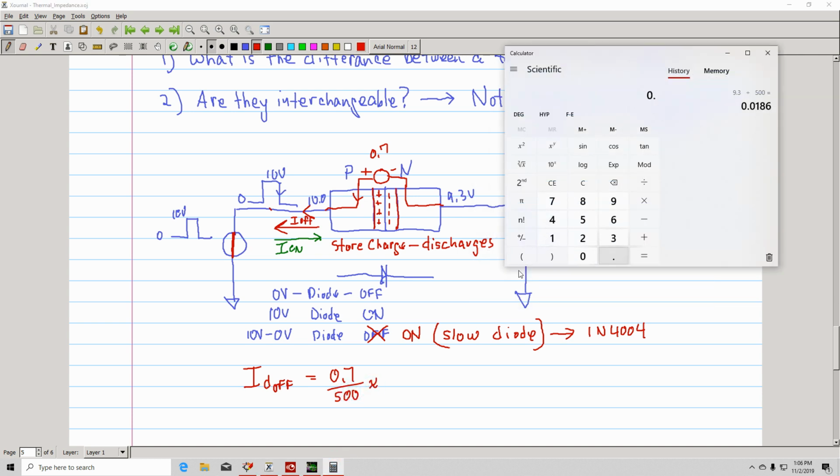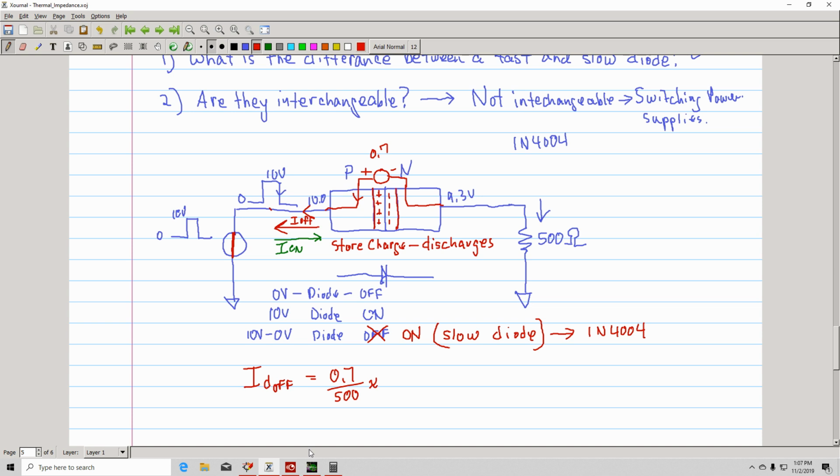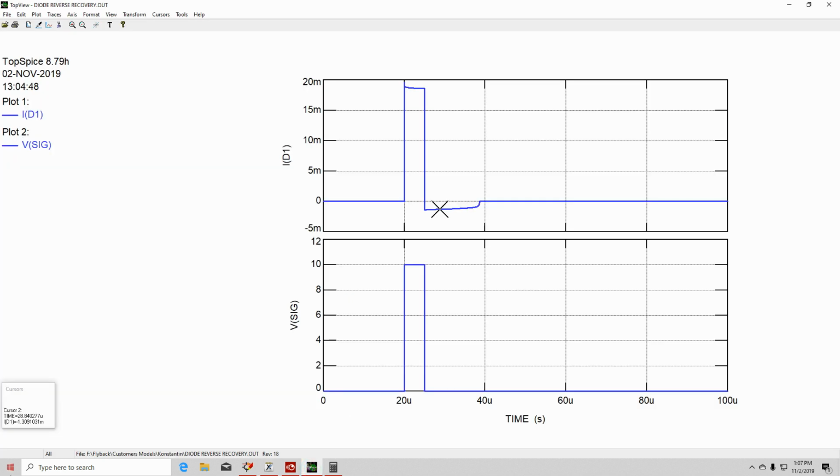Okay, so 0.7 divided by 500. So it's approximately 1.4, and let's see if that is the case. 1.4, and it says 1.3. So 1.4, 1.3, that's close enough. And if you notice, then it decays, and it goes back to 0.